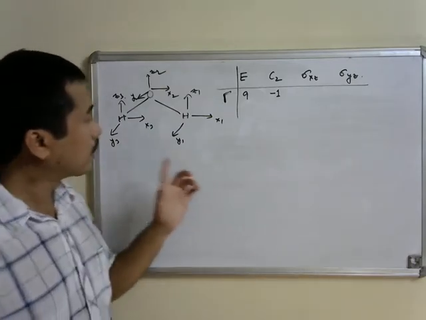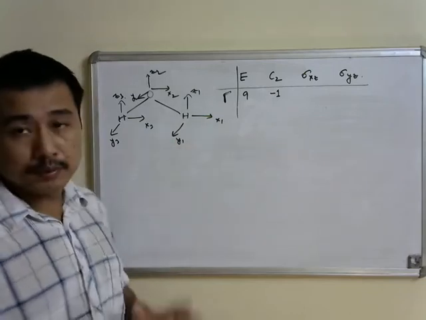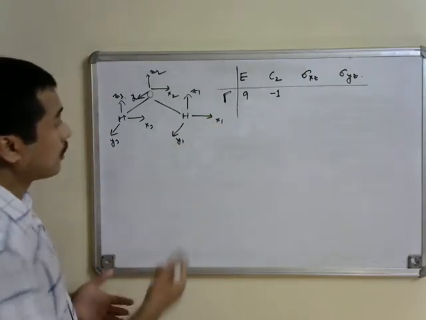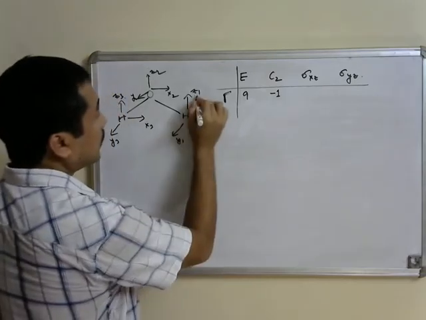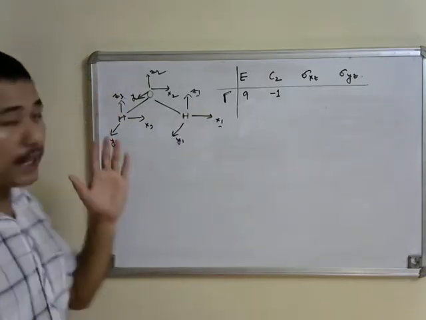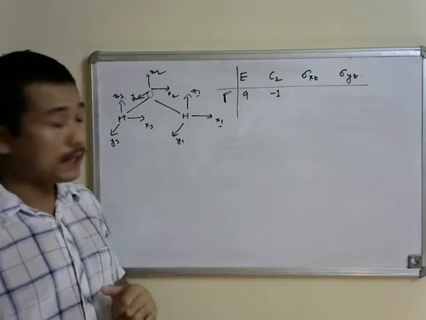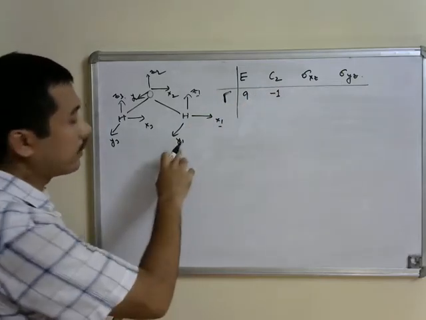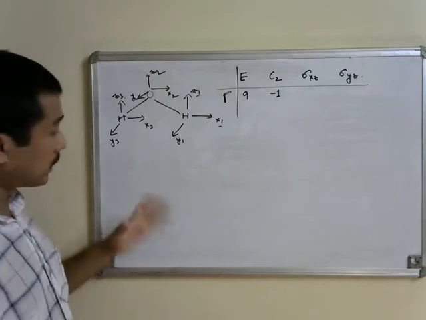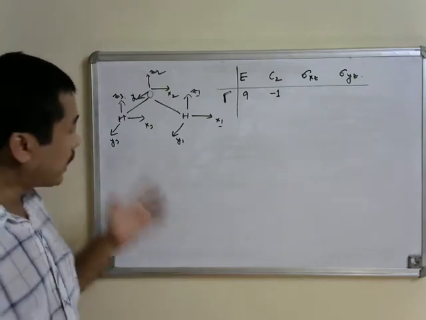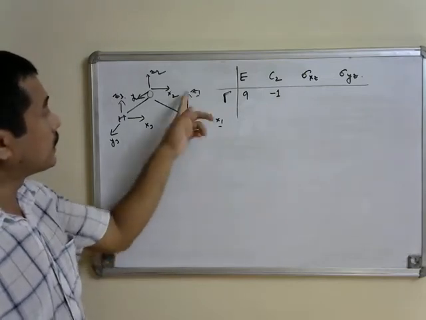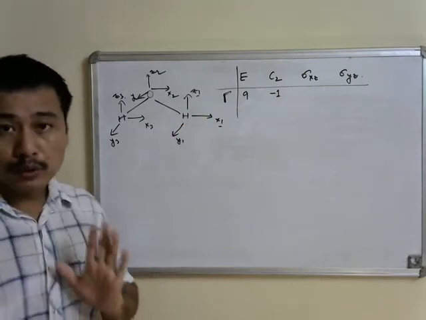And now we look at how the direction of the displacement vector changes when we do sigma v xz. The x1 vector and z1 vector lie on the xz plane, so they are not going to change direction, while only the y vectors are going to change direction, that is y will go to minus y, and that is why y will contribute minus 1, while all the x and z vectors are going to contribute plus 1.